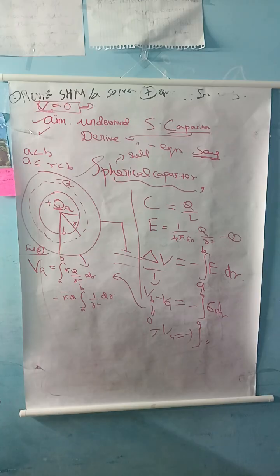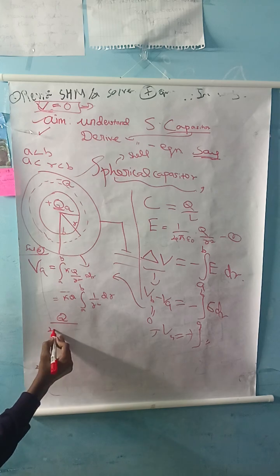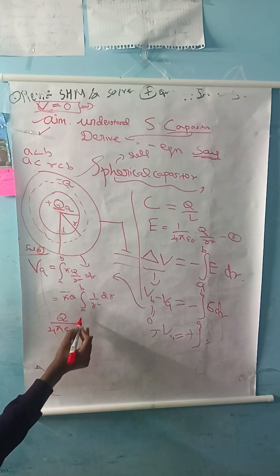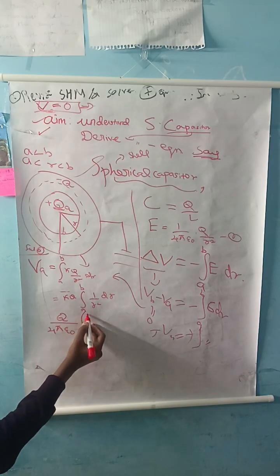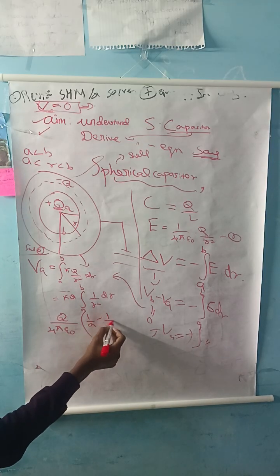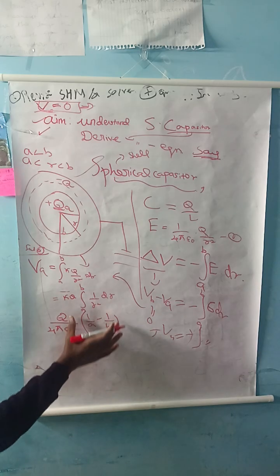We get Q by 4 pi epsilon naught times, when we apply the limits, 1 by a minus 1 by b.